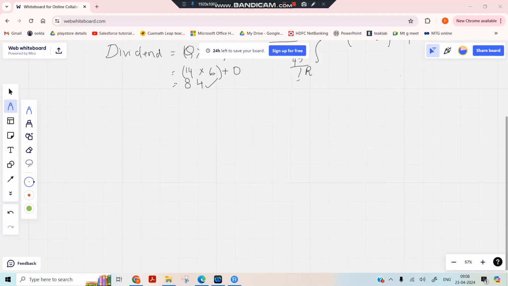Now we'll pick up division of, let's say, a 5-digit number: 2, 0, 3, 4, 7. Okay, and let's try to divide it with a 2-digit number, let's say 23.